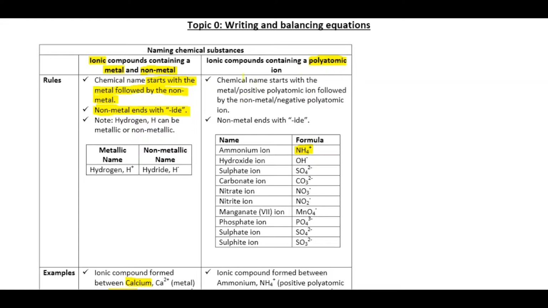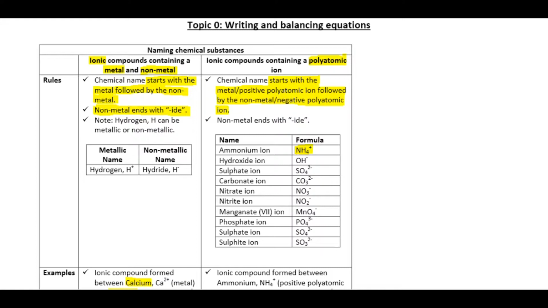So how do you name an ionic compound containing a polyatomic ion? Containing one of all these ions, it will be the same as the previous case. It will start with the metal or the positive polyatomic ion, followed by the non-metal or the negative. So it's the same in terms of the order, whereby you name the metal first.